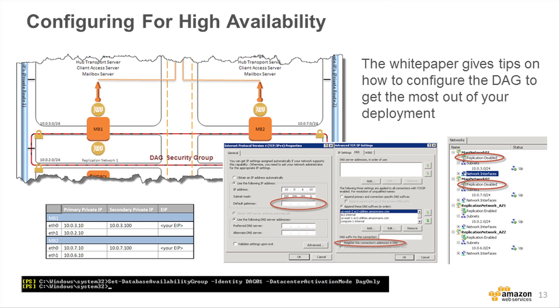In general, when you deploy Exchange on AWS, the steps involved are almost the same as moving to a new data center. Think on-premise: you have a new data center and you want to get your new Exchange environment up and running.